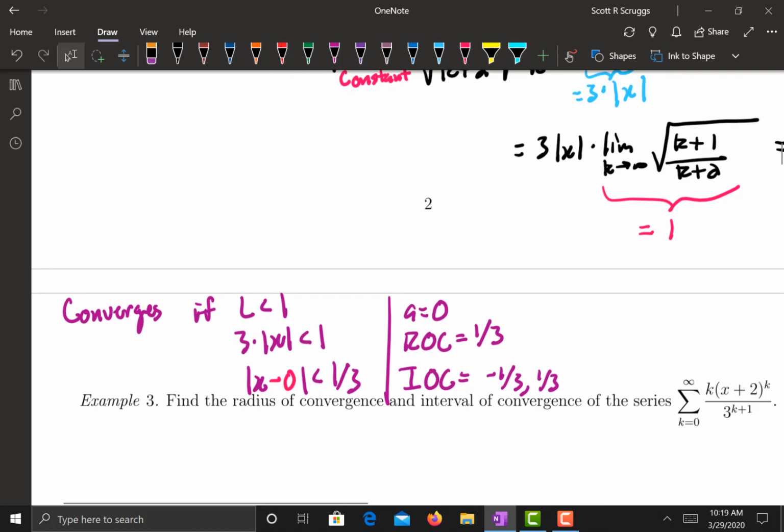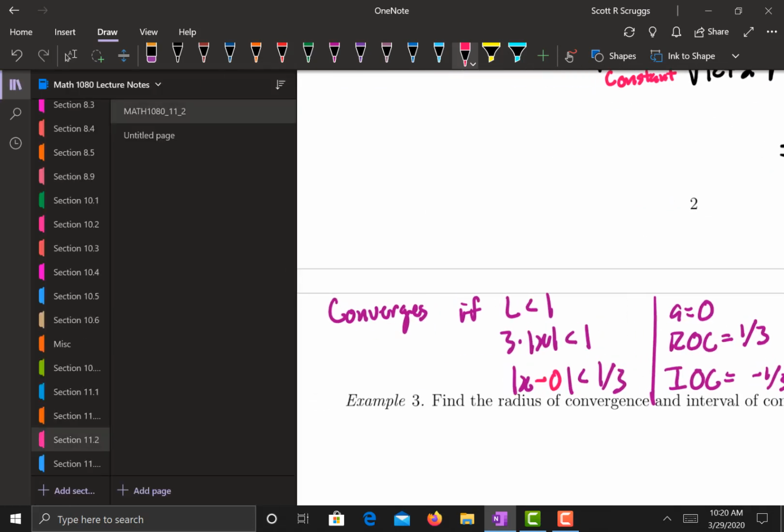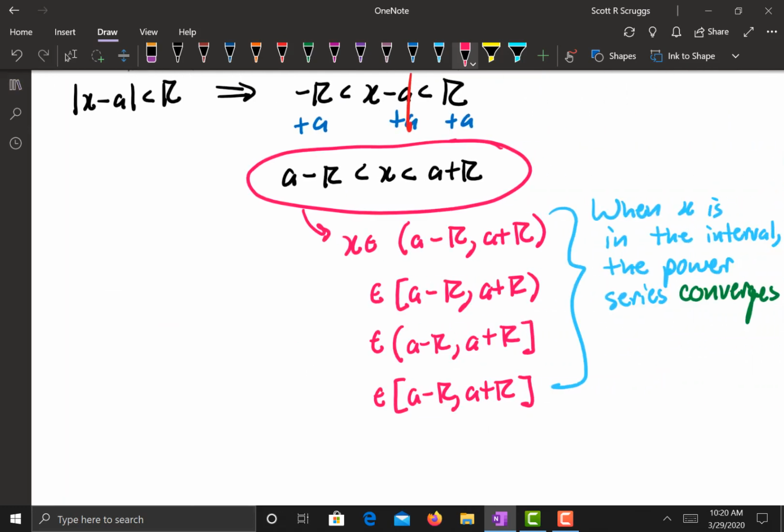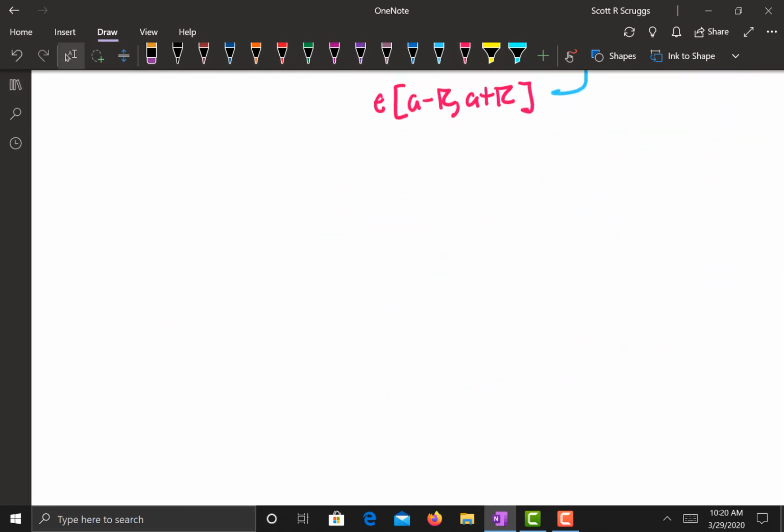Now I'm not putting the open and closed parentheses yet, because I still need to verify whether or not I include the endpoints in my interval of convergence. So let's verify that real quick.